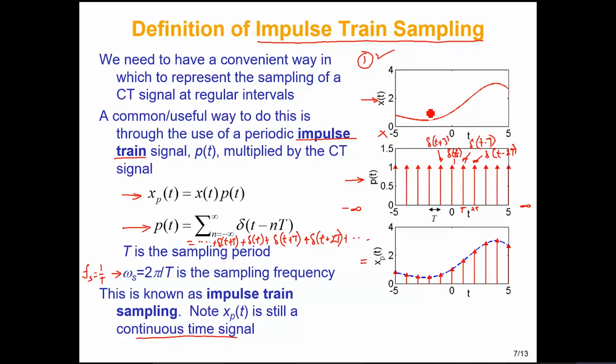So this is your impulse train sampling in the time domain, and these are the equations. Now if you want to write the equation for x_p(t), it is just x(t) multiplied by p(t).